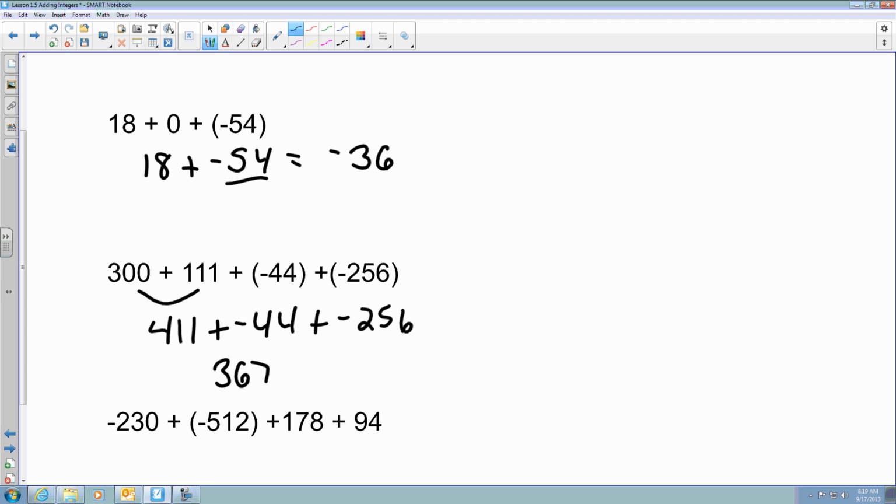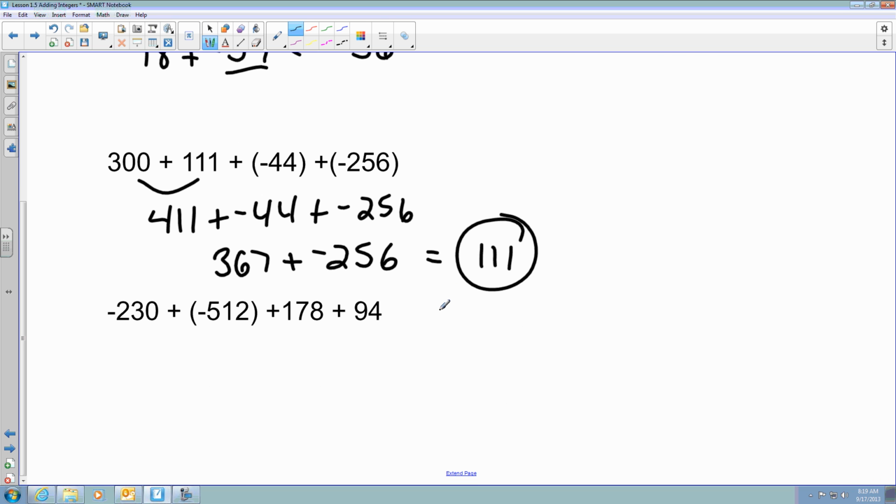And 411 is larger, so that's positive, so it's left as positive, so it's going to be a plus negative 256. If I subtract the absolute values of these two integers, I get 111, and 367 is larger than 256, so the sign in this result will be positive.